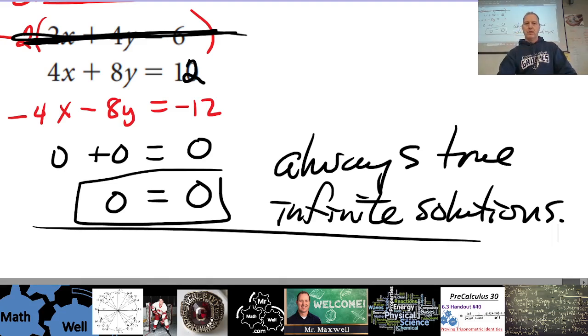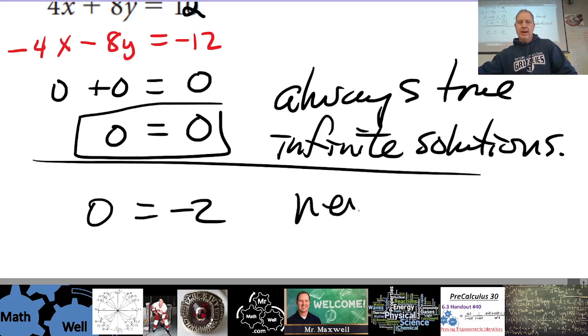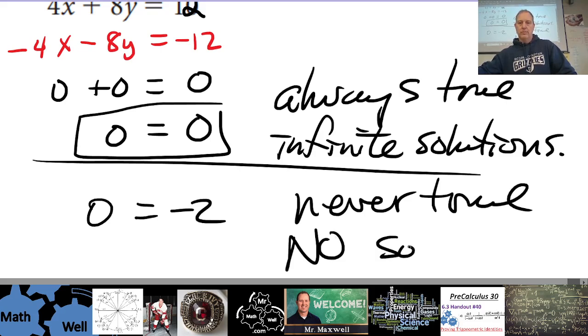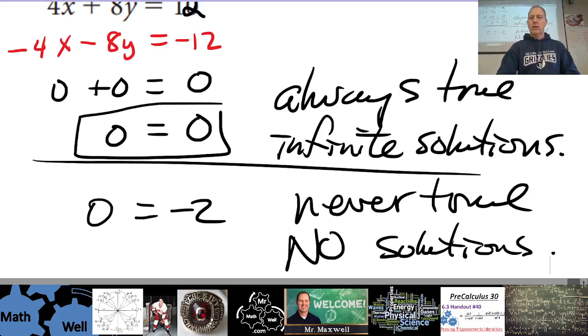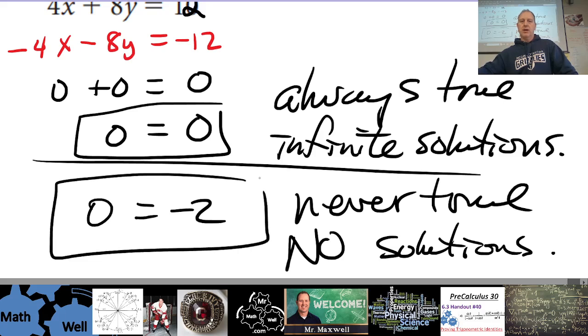So that's always true: infinite number of solutions. Here's the other one. 0 equals -2. Never true. No solutions. Okay, so there's another elimination example, and this is what happens if you run into these two things. Does that help?